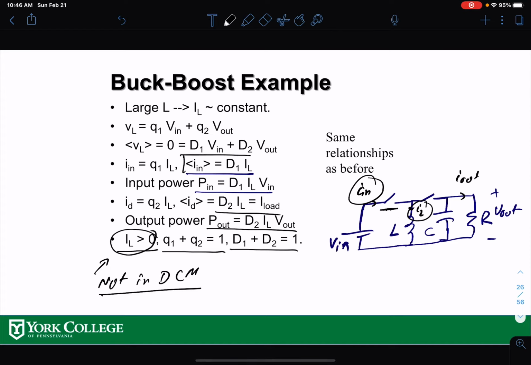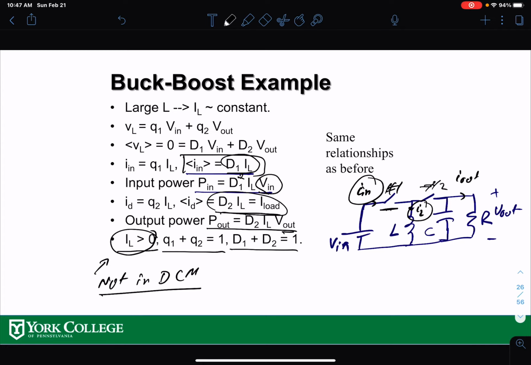And P in, how much power is coming out of the source, is this current times the voltage. Same with the load: the average load current, or output current, is the amount of time switch number 2 is on, and this is number 1. The output is the same way: current D2 times IL times V out. If you have a lossless converter, P in should be equal to P out.